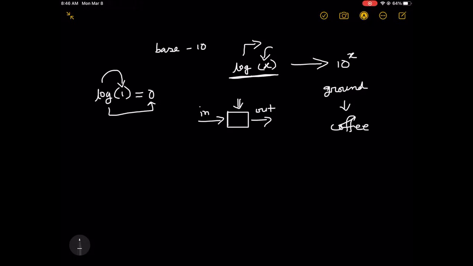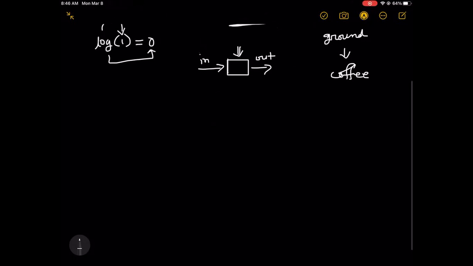Okay, so we have certain properties of this. The first property will be, let's say, logarithm of x to the n. So that's an exponent working on this x.